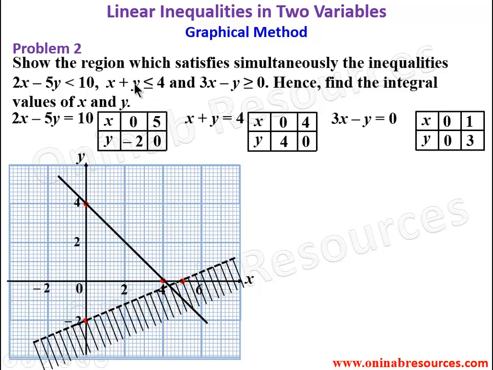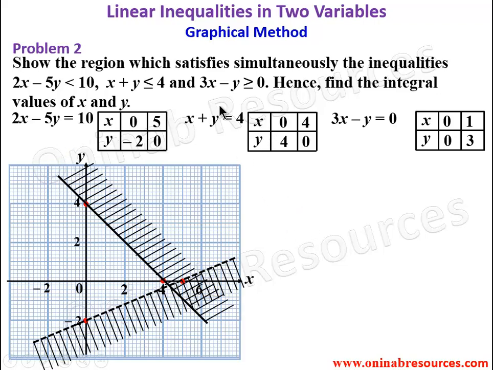Since the coefficient of y is positive, we are maintaining this inequality symbol as less than or equal to. So since it is less than or equal to, we are interested in the down part. So we don't need the upper part. Therefore, we shade the upper part of the line, which is not required.